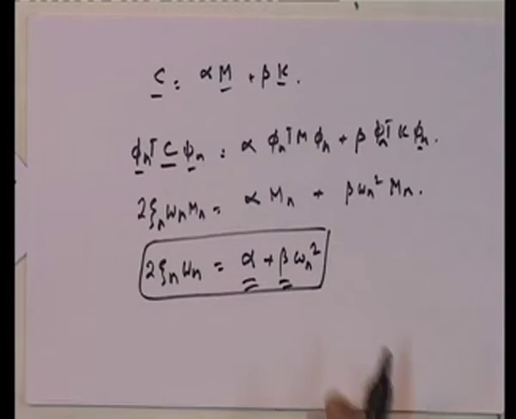There are two parameters. To get two parameters, what can I do? I can fix the damping in two modes. Let me assume that I fix damping in two modes.